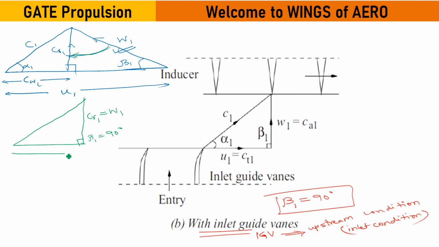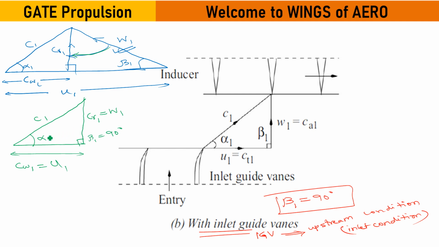So can I say then here CW1 is equal to U1? CW1 equals U1, and here alpha 1 will be exactly how it is before, right?